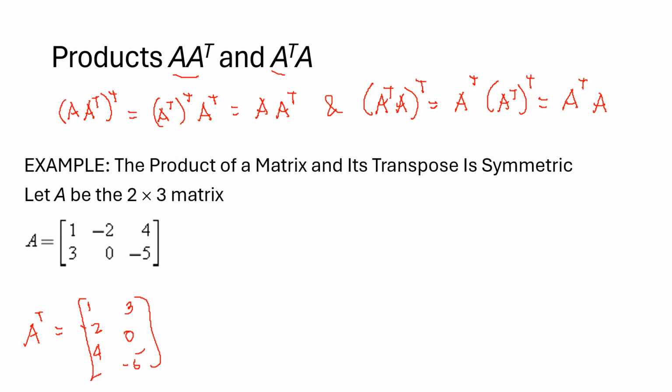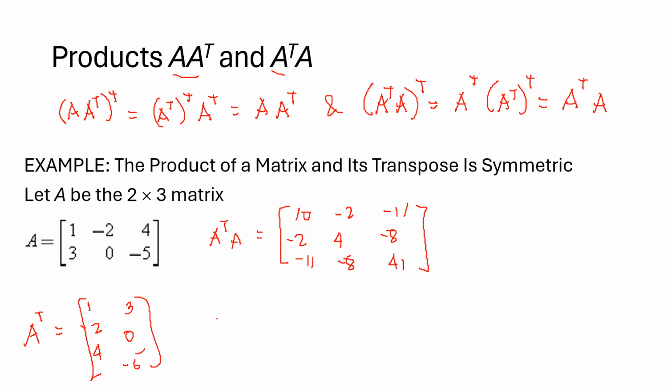If you take the transpose of A times A, you have 10, -2, -11, that is, 2, -2 rather, I'm sorry, 4, -8. Then you have -11, -8, then 41.